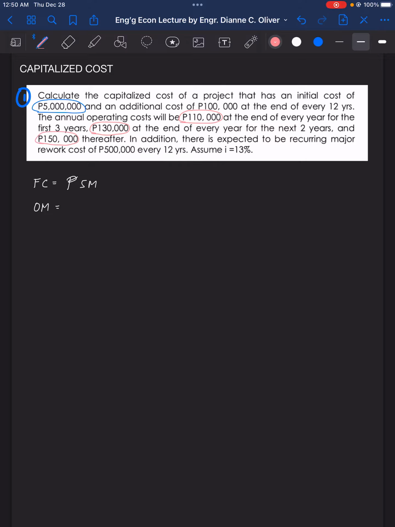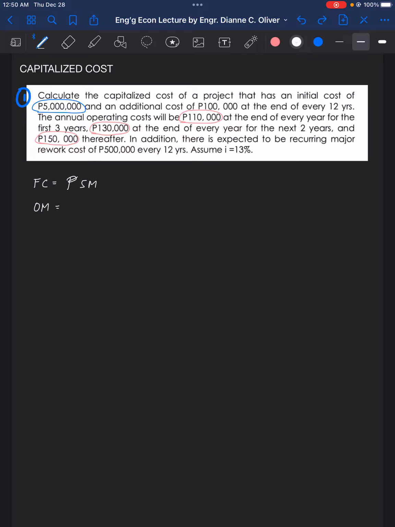So we can see the first two operation and maintenance costs here are annuity, whereas the 150,000, because of the word thereafter, will be treated as perpetuity. So we will need to compute for the operation and maintenance considering these factors.